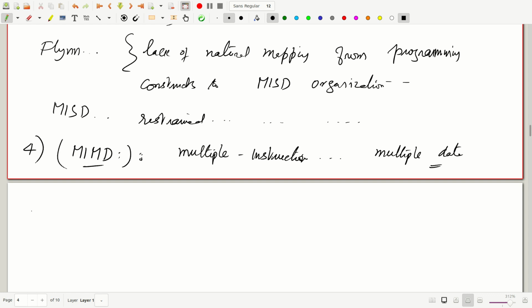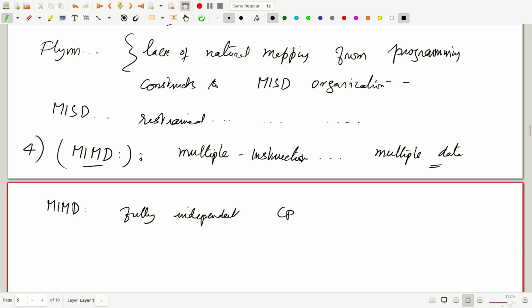And MIMD systems again can be thought of as two classifications. Essentially the MIMD systems usually have fully independent CPUs or cores, and these can be thought of as either shared memory systems or distributed memory systems.